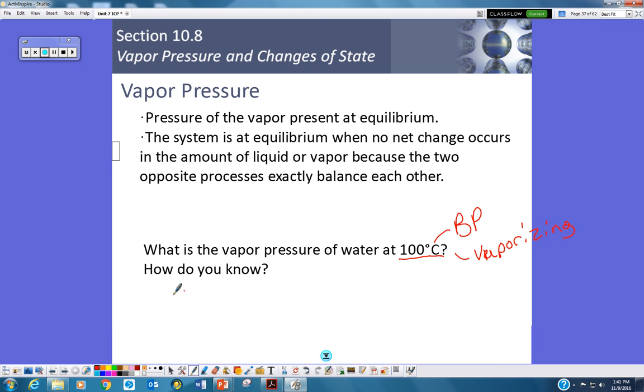So basically, the way we would answer this, we have our little system here. What we're showing is that the pressure of the water molecules escaping is going to be equal to the pressure pushing down on it.